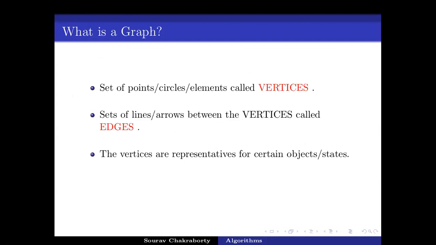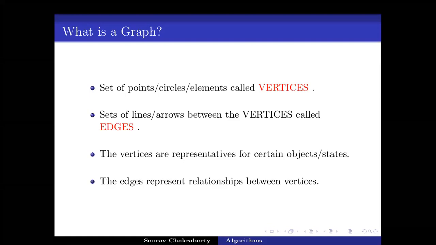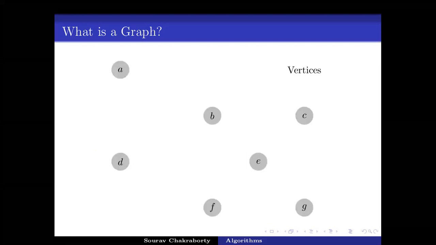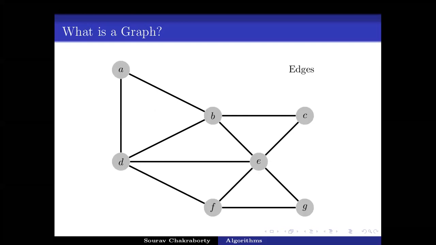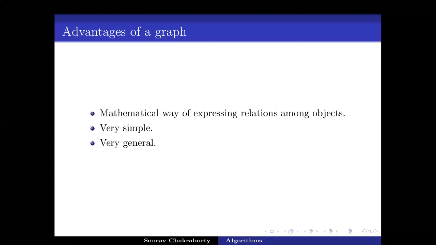Vertices can represent lots of things like cities, people, websites, and so on, and the edges represent the interconnection between the objects that the vertices represent. This is a typical graph, and we add some edges.